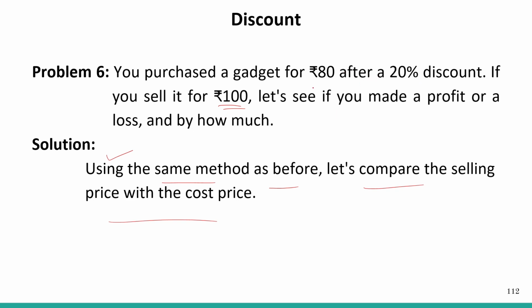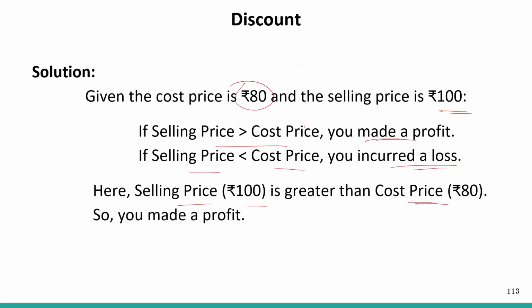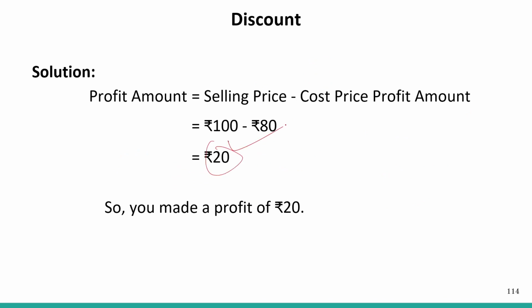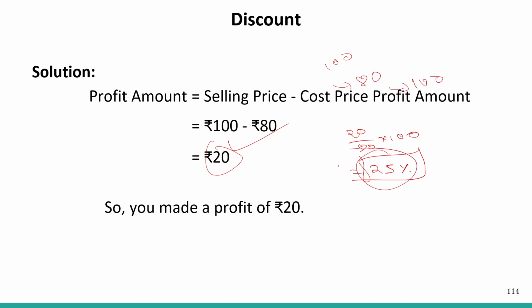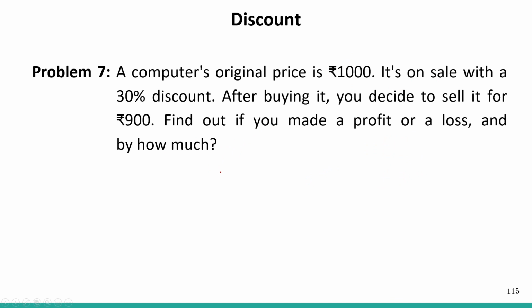Okay, but since I got it for 80 and I'm selling it for 100, I'll get a profit of 20 rupees. Okay, so how much is 20 of 80? 20 by 80 into 100, right, is equal to 25% profit. Okay, so the original cost price is 100 and I got it for 80, and now I am selling it for 100. So what I am getting is 25% as profit.